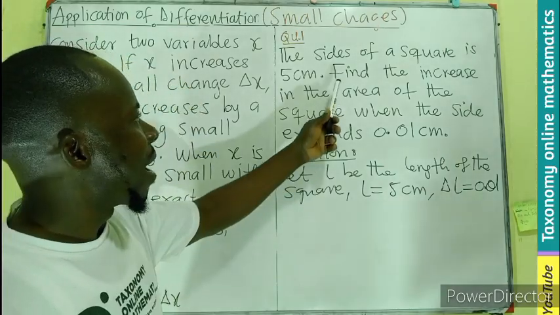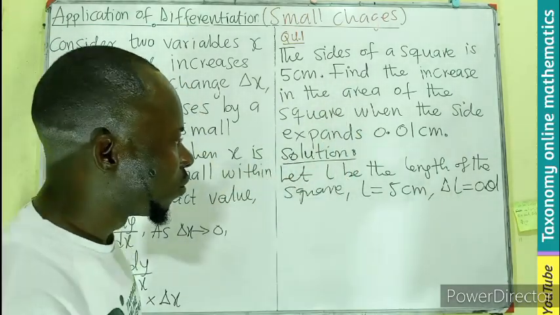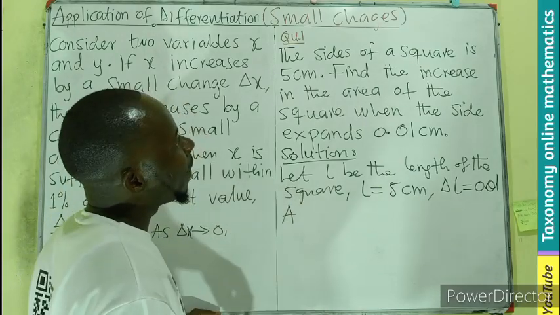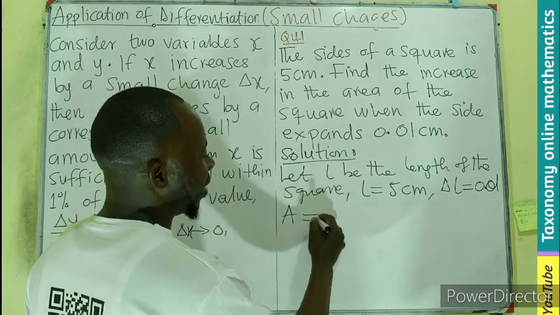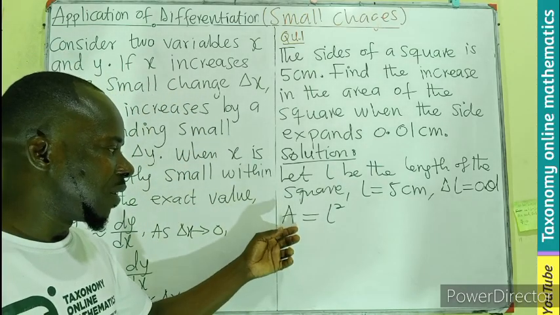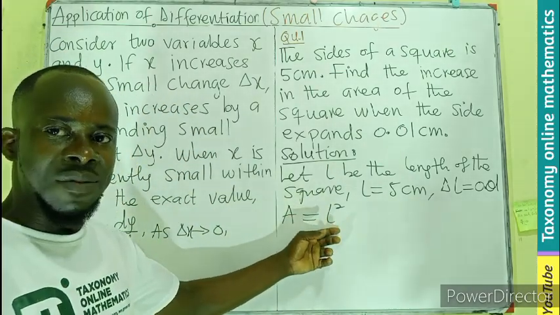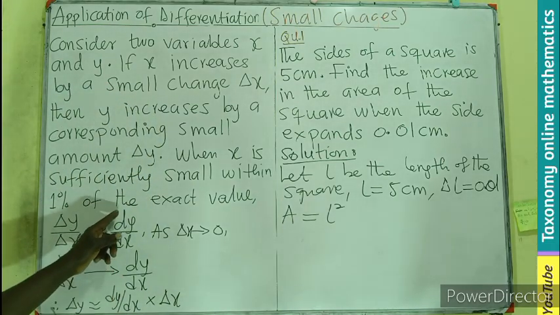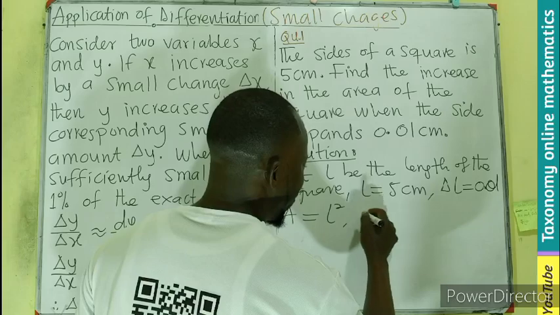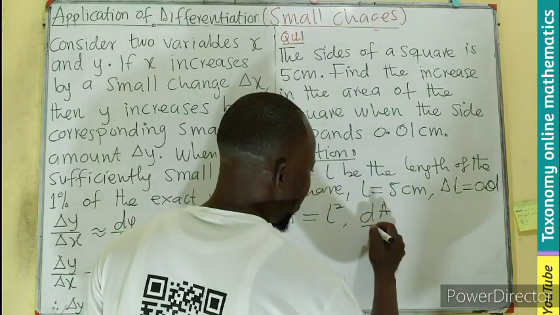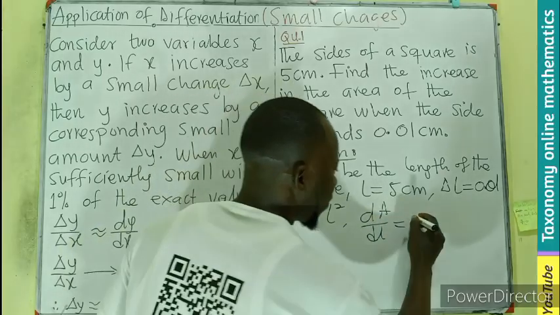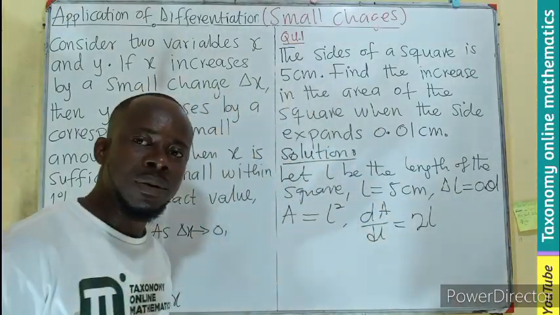So now we have this. What is next? The parameter mentioned is area. So we can also say the area, let me just use A. The area of a square is given by L square. So if that is the case, what are we looking for? We need to find dA dL. So that means I can find dA dL to be equal to 2L.